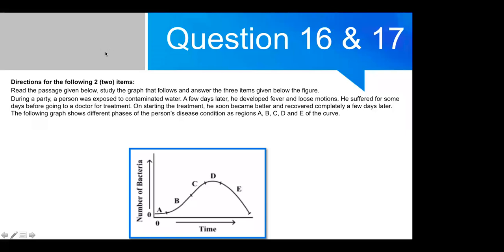A few days later, he developed a fever and loose motions. He suffered for some days before going to the doctor for treatment. On starting the treatment, he soon became better and recovered completely a few days later. Okay, the A, B, C, D, E curve was there.